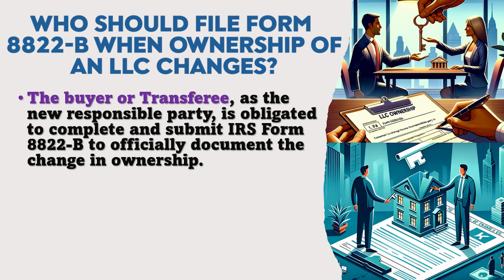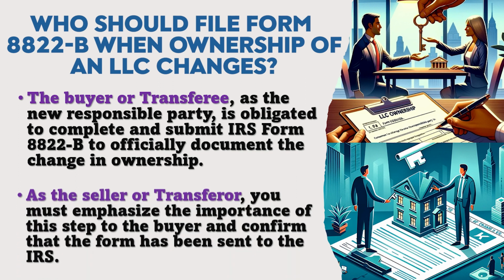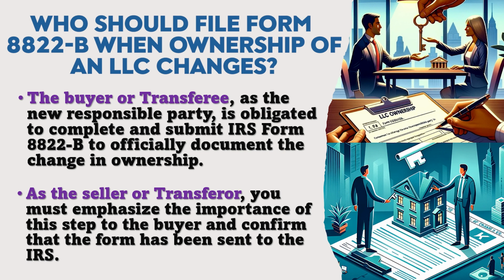He's the one obligated to complete and submit the Form 8822B to officially document the change in ownership. Now, what do you do as a seller? You, as a seller or the transferor, must make sure that the buyer has actually changed the ownership information with the IRS. And they do this by using Form 8822B. So ensure that the buyer has sent in these forms to make sure that the required changes have been done.